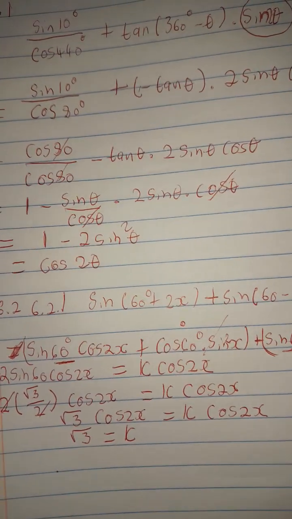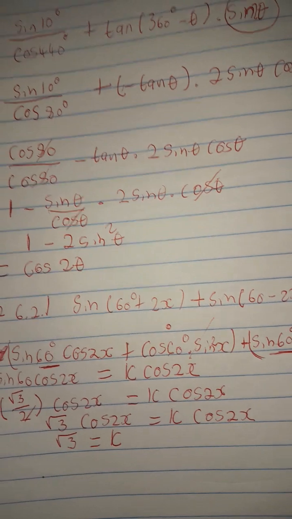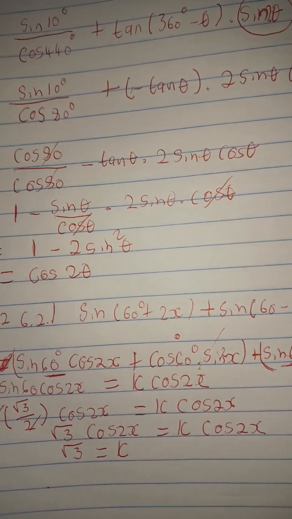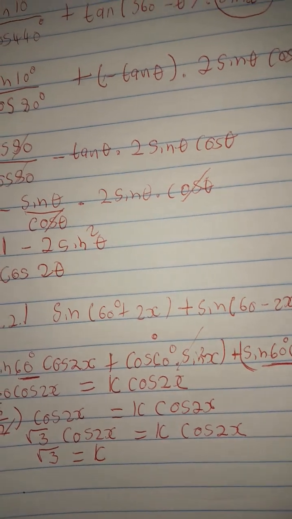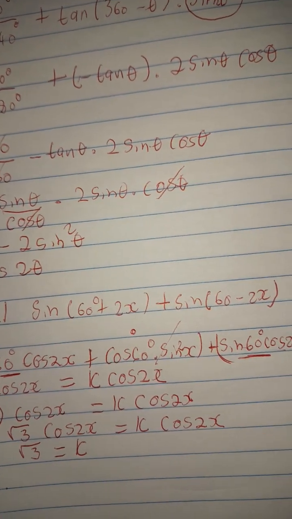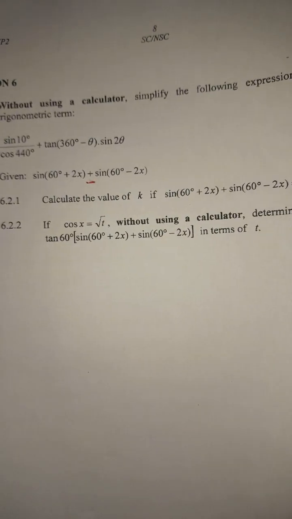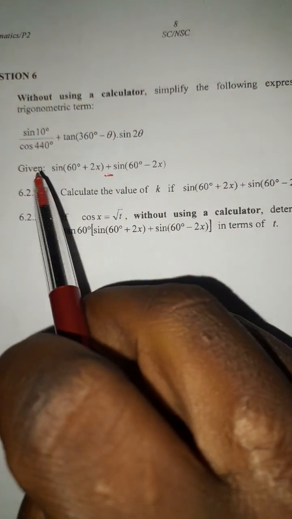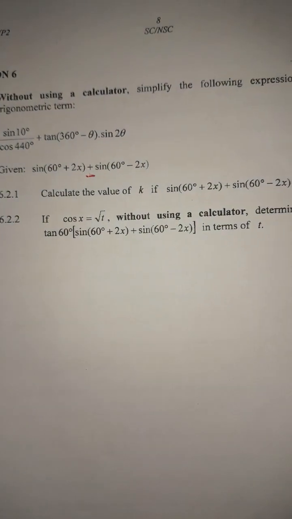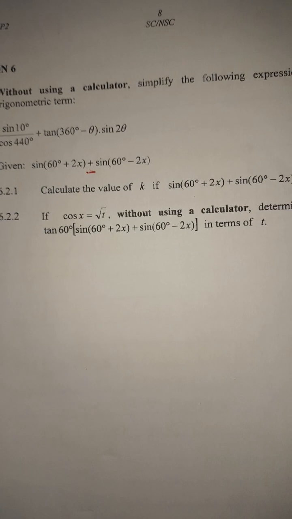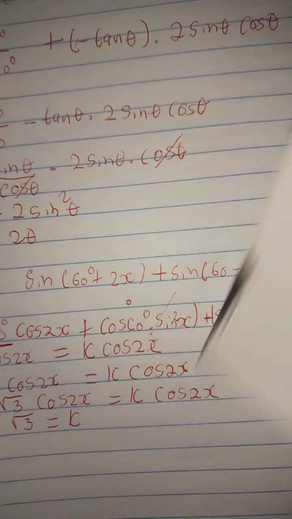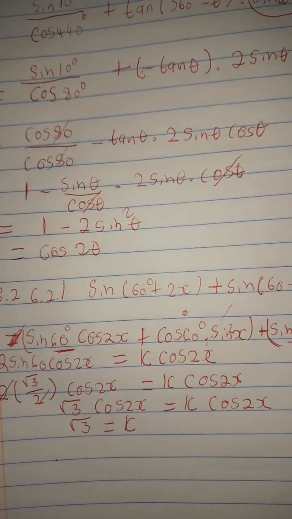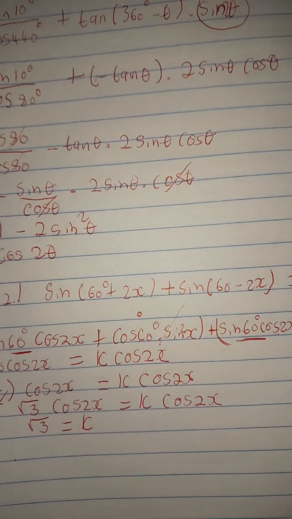So this is how you can calculate the value of k if you are given sine 60 plus 2x and sine 60 minus 2x. We saw the steps involved in solving this. In other words, k is equal to root 3.